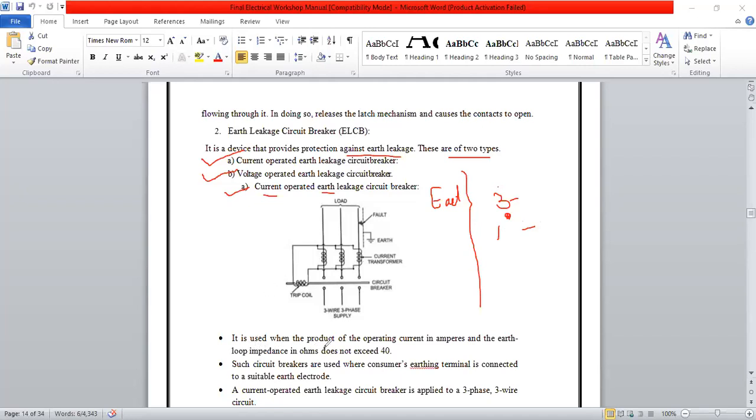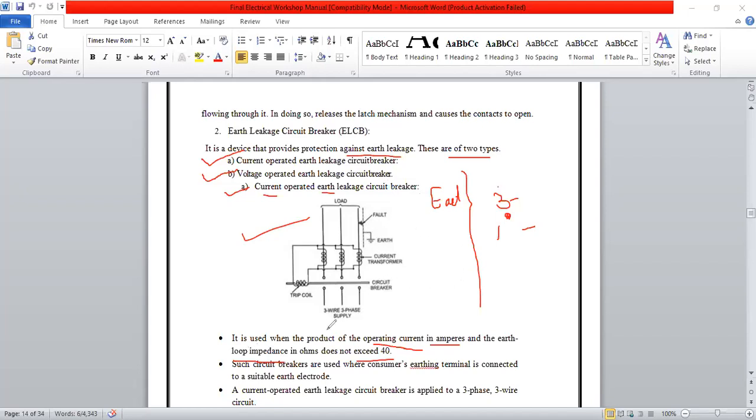It is used when the product of operating current in ampere and the earth loop impedance in ohm does not exceed 40. Okay, see, these types of current operated earth leakage circuit breaker can be operated when the current is flowing and the earth loop impedance, म्हणजे earth loop आहे, म्हणजे earthing केलेला आहे.